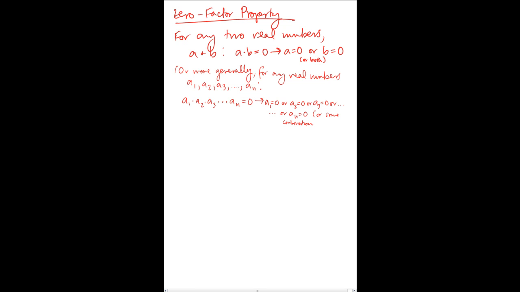Maybe more than one of them is 0. Maybe they're all 0. All we know is at least one of them has to be 0. It's the only way we can multiply them all together and get 0 as the answer.